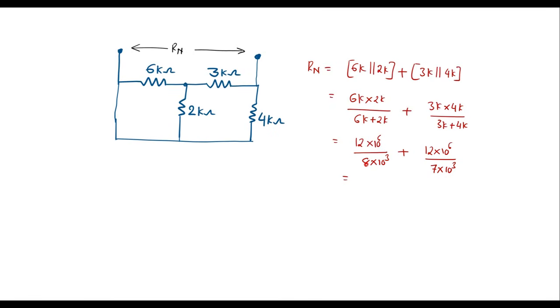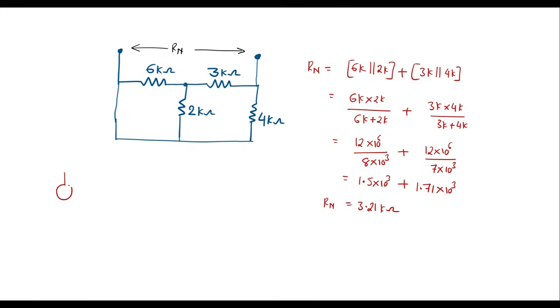So after simplification, simplifying this we get 1.5 into 10 power 3 plus 12 by 7, which gives 1.71 into 10 power 3. The 10 power 3 terms cancel out. So here 1.5 plus 1.71, so Rn will be 3.21. Let me draw Norton's equivalent circuit.